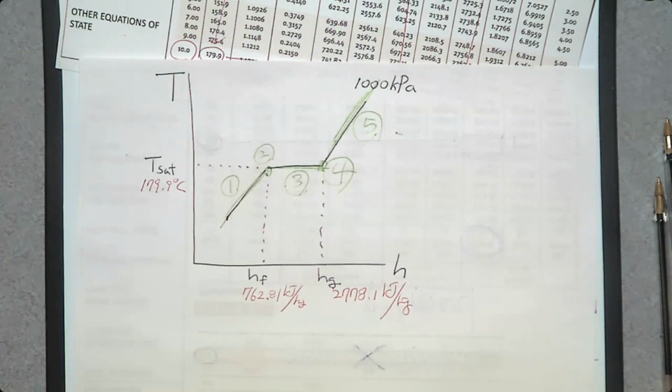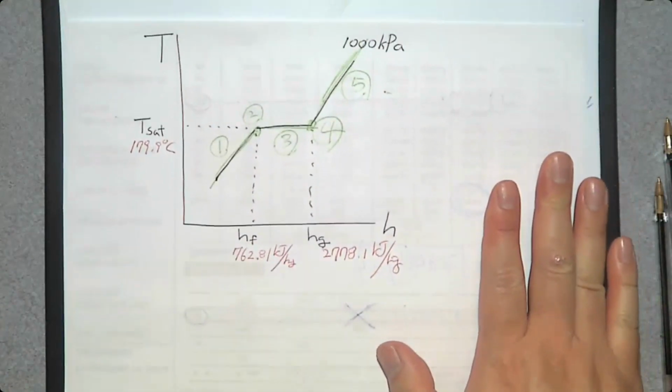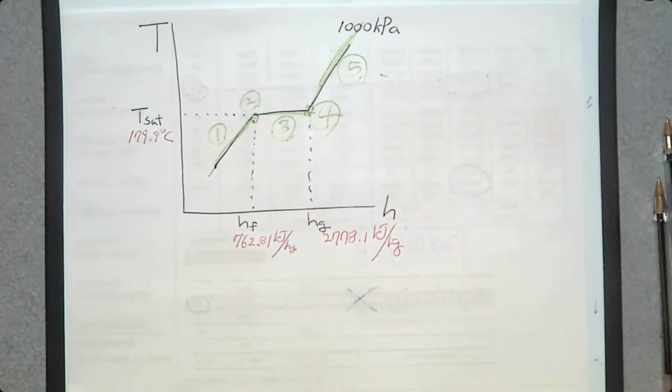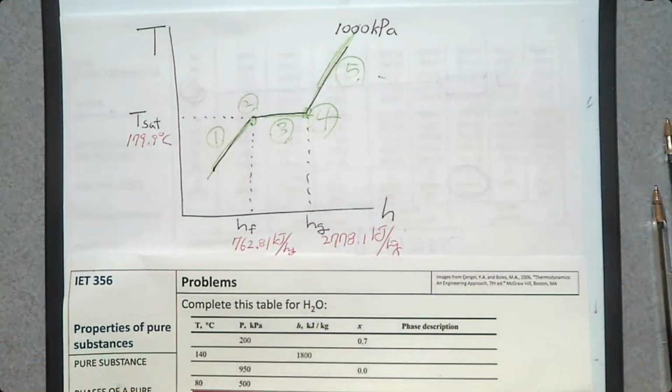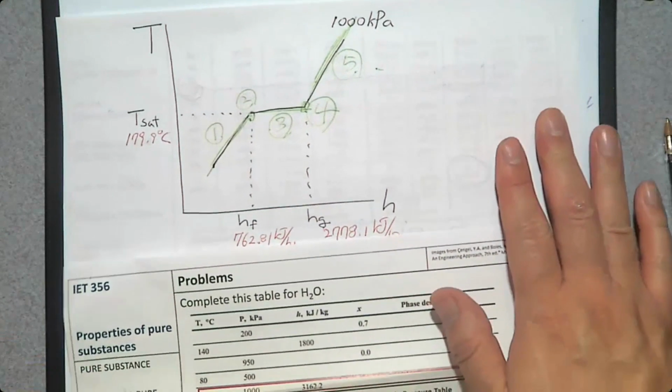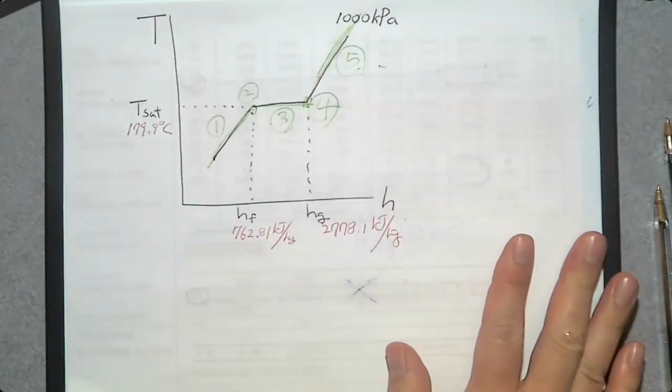So we made this TH diagram at 1000 kilopascal. Now let's find where our system is. So what do we know? H is 3162.2. So let's find this value.